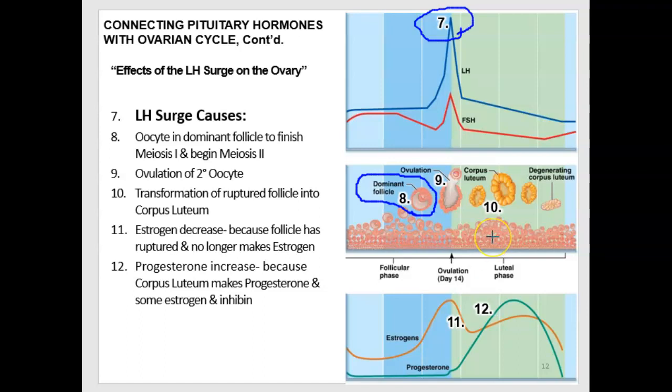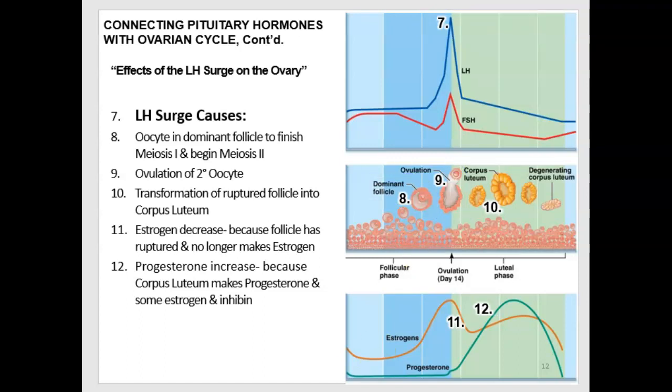In addition, it kind of weakens the wall of the ovary, and this antral follicle is close to the wall of the ovary, but it promotes, nonetheless, it promotes ovulation. So rupture of the follicle and release of the oocyte from the ovary.